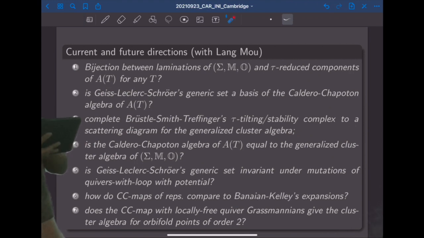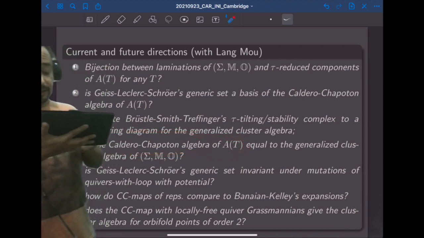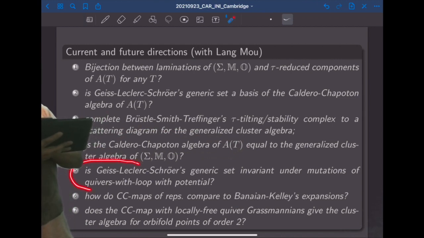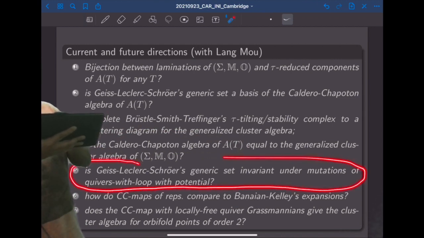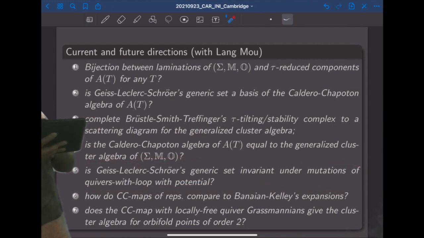By now, we only know that the generalized cluster algebra is contained in the Caldero-Chapoton algebra and is contained in the upper generalized cluster algebra. Is Geiss-Leclerc-Schröer's so-called generic basis invariant under mutations?